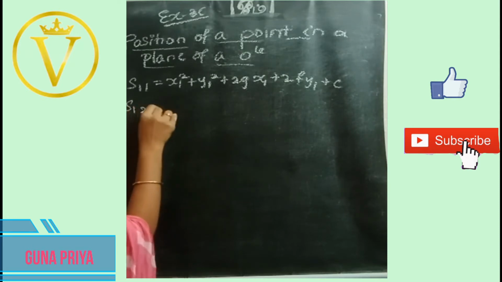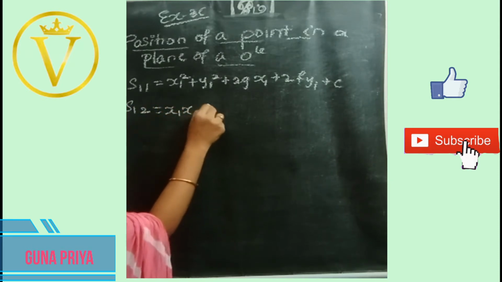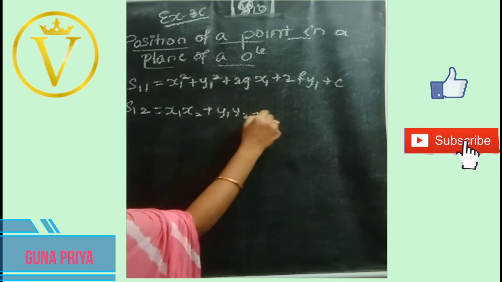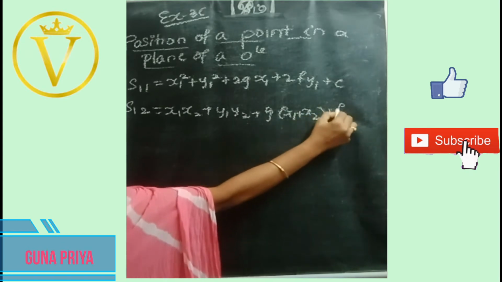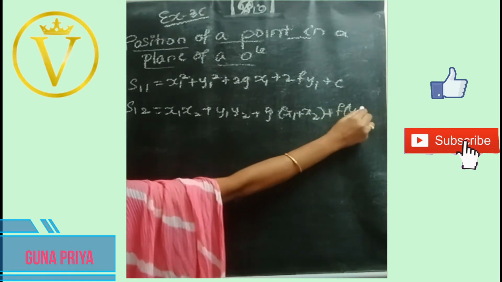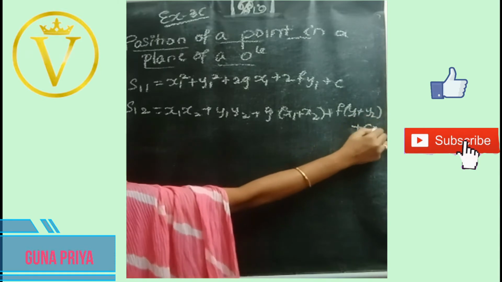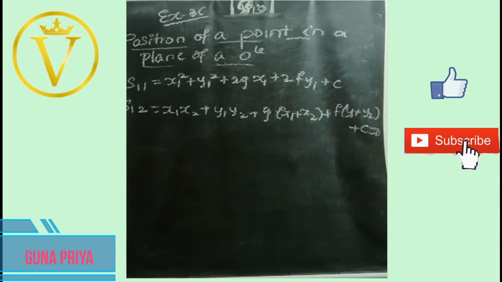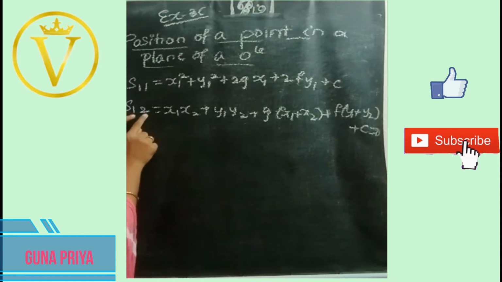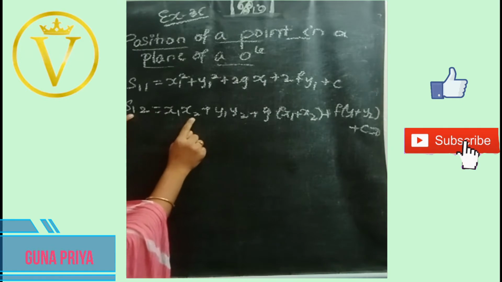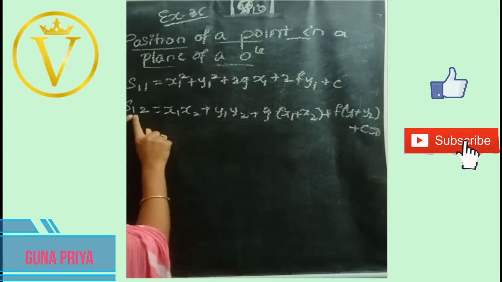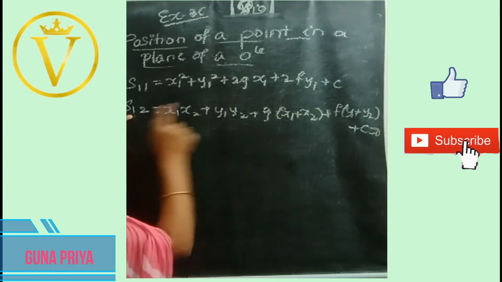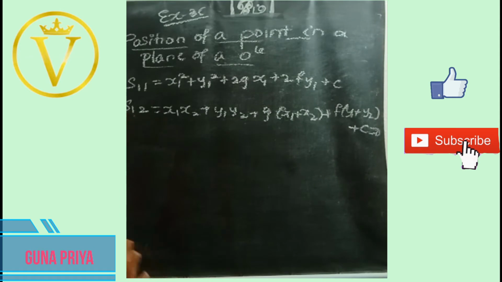And S12 means x1 x2 plus y1 y2 plus g of x1 plus x2 plus f into y1 plus y2 plus c equals to 0. From this only you can understand how you can write the position of a point. See here, S12 means first x1 and next x2, y1 y2, g of x1 plus x2, f of y1 plus y2 plus constant. Constant will be same.